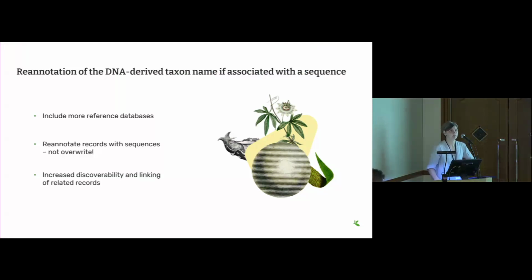We have UNITE, we have Barcode of Life, we have more, and it's slowly increasing. But one thing we really hope to see is whether we can re-annotate records if sequences are shared. So we don't want to overwrite what the publishers gave us, for sure, but we are also in a reality where taxonomy for DNA becomes quite quickly outdated.